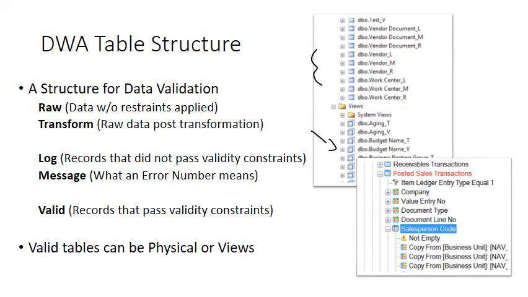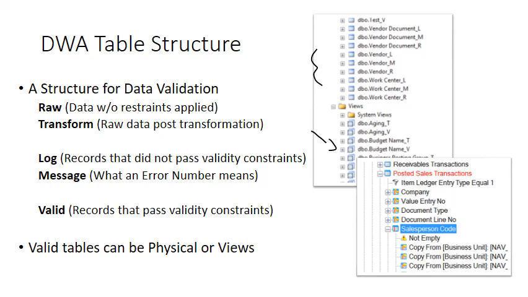Then in the transform tables, you'll see the raw data post-transformation. In the data warehouse, usually we discourage people from doing transformations, but you'll still see T tables if you have done, say, recasting of data types.